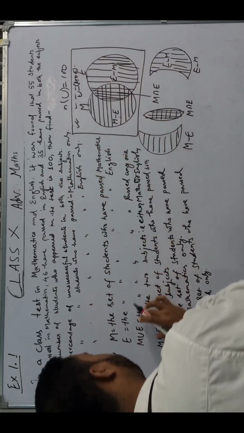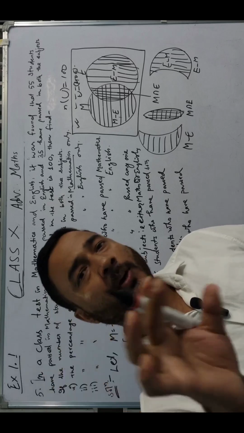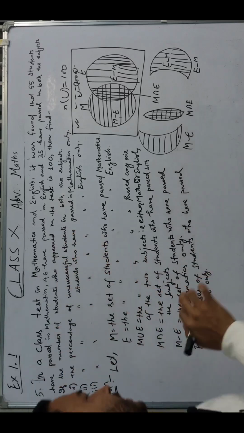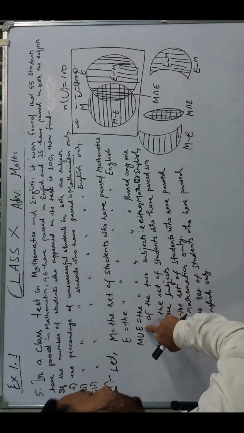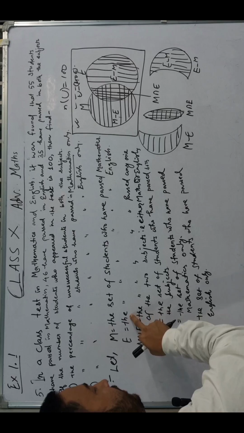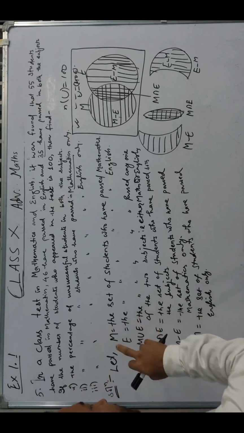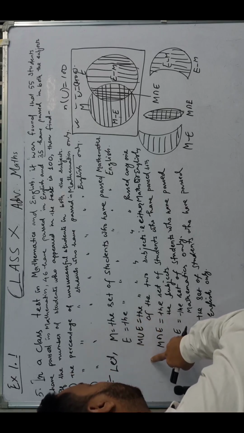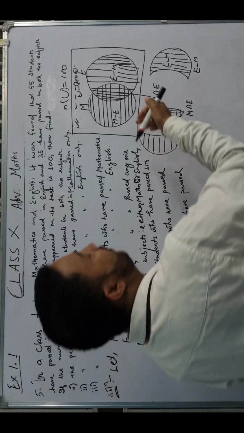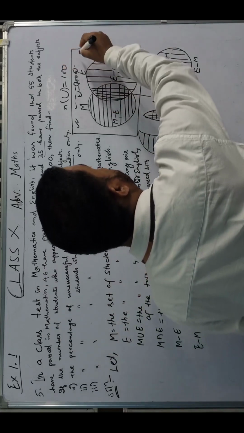It is coming under the set M union E. If a student has passed any one of the two subjects, it is coming in the set M union E. Either the student has cleared the mathematics subject, or he or she could have cleared the subject English. But any student who is not able to clear any one of the two subjects will be coming under this part.